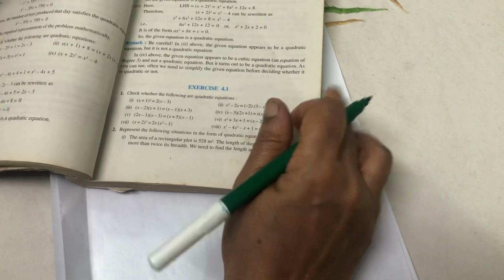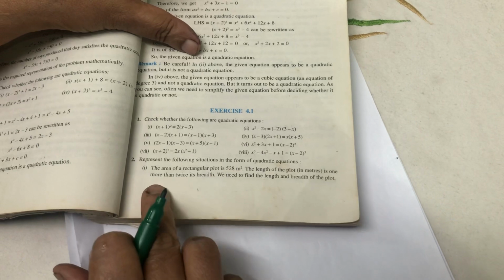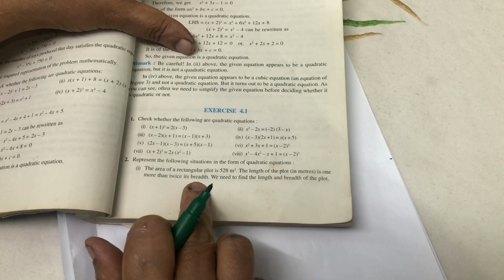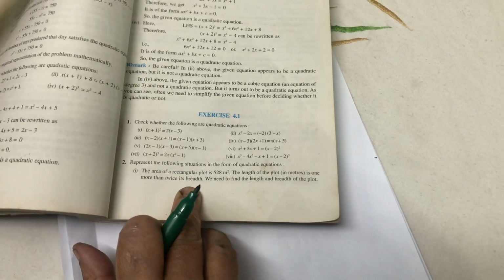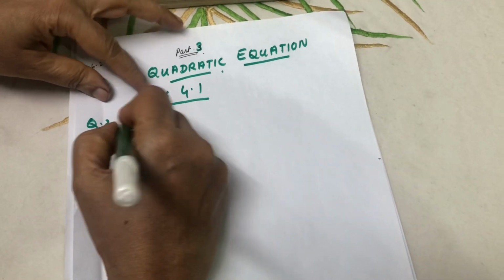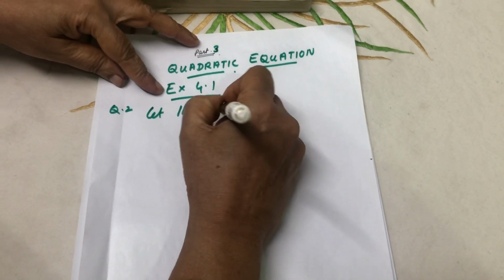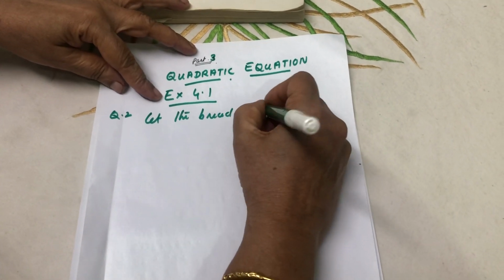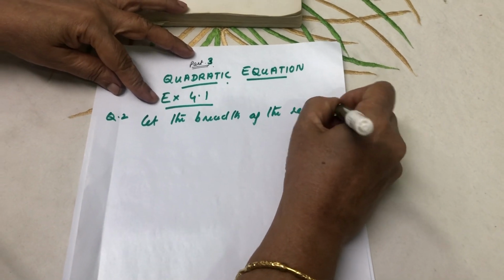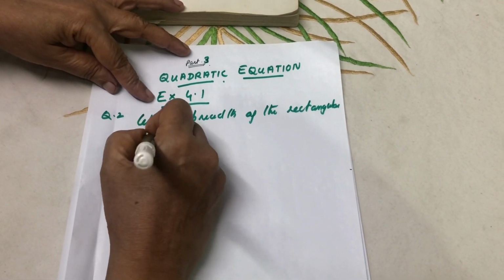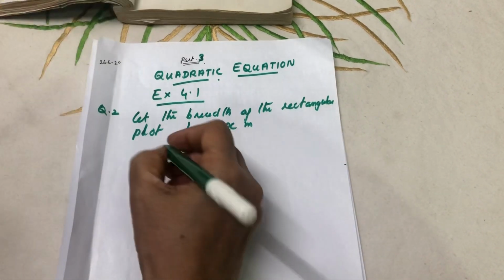So here the length of the plot is 1 more than twice its breadth. Therefore you have to assume the breadth of the rectangular plot. Let the breadth of the rectangular plot be x meter.